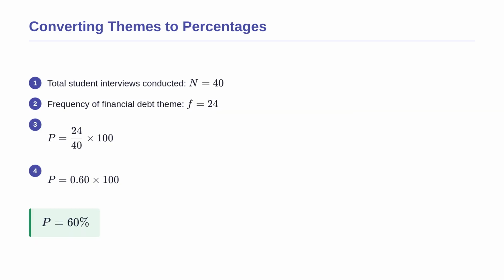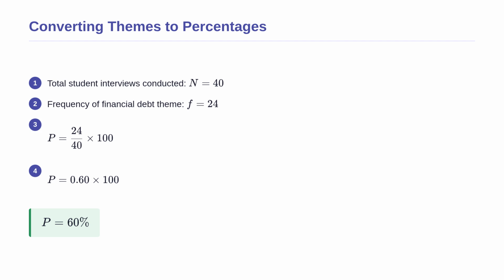Let us see this conversion formula in action with a concrete example. Suppose a researcher conducts in-depth qualitative interviews with 40 university students about their main sources of stress. After reading the transcripts, they find that 24 students explicitly mention financial debt. We want to calculate the percentage of students sharing this theme.